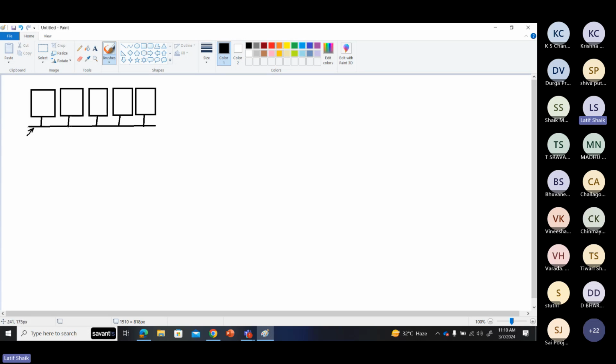From this backbone cable, our devices are connected, meaning our computers, laptops, and other networking devices. Devices connected to a backbone cable, this type of topology we call a bus topology. All devices are connected to a backbone.